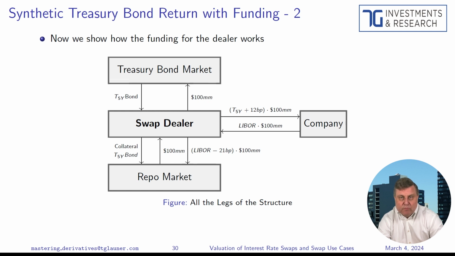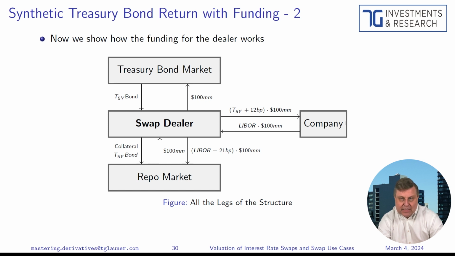The ownership of the bond does not change, as the dealer still requires the performance of the bond. The repo counterparty charges LIBOR minus 21 basis points for the loan.